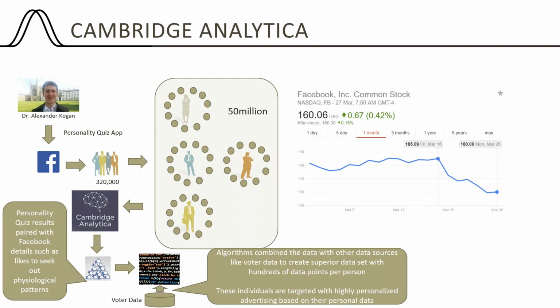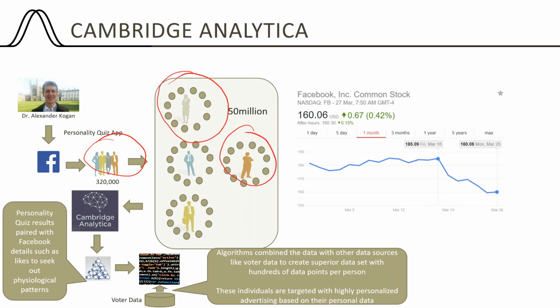So this application, what it does is, when these users fill in the data, in the backend it has collected data, because they need to log in using their Facebook account. So what happened was, this application also collected data from these Facebook accounts. And it's not just 320,000 Facebook accounts, because these 320,000 users have friends.